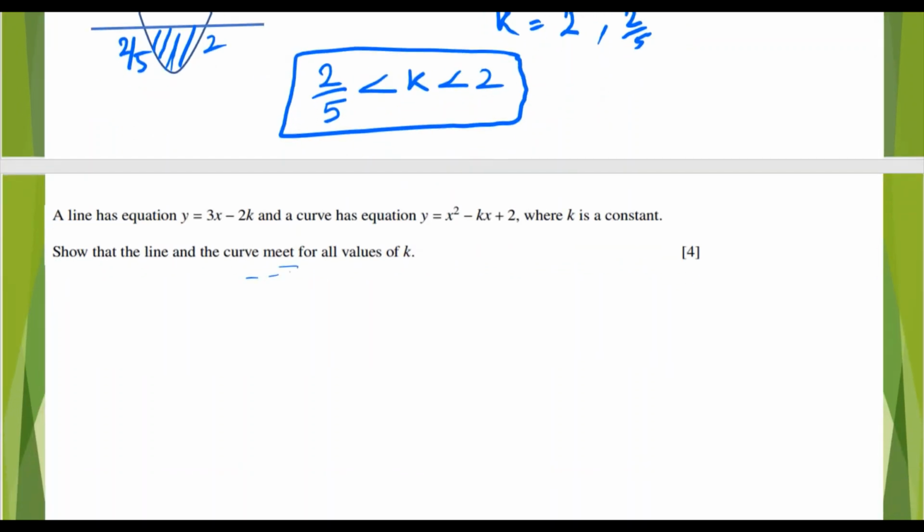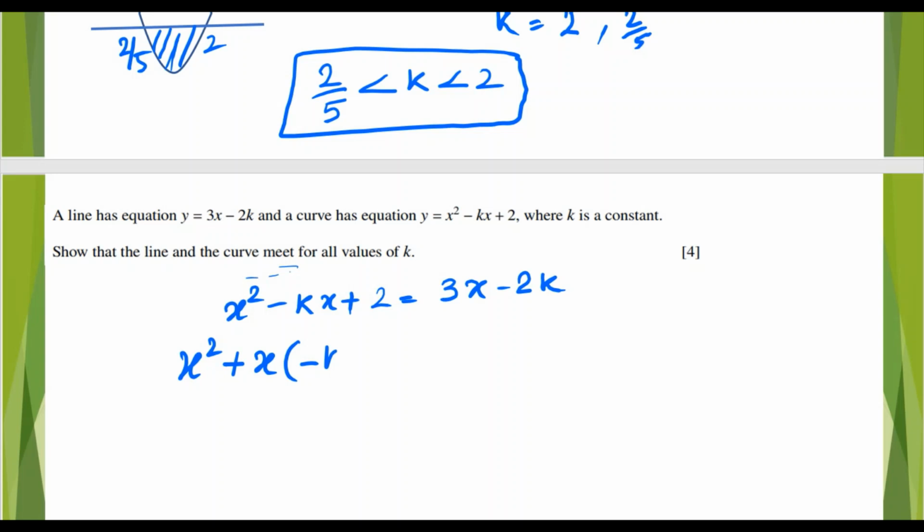First let us equate both the equations. So x squared minus kx plus 2 is equal to 3x minus 2k. Bring every term, all the terms to the left hand side. So x squared minus (k minus 3)x plus (2k plus 2) equal to 0.